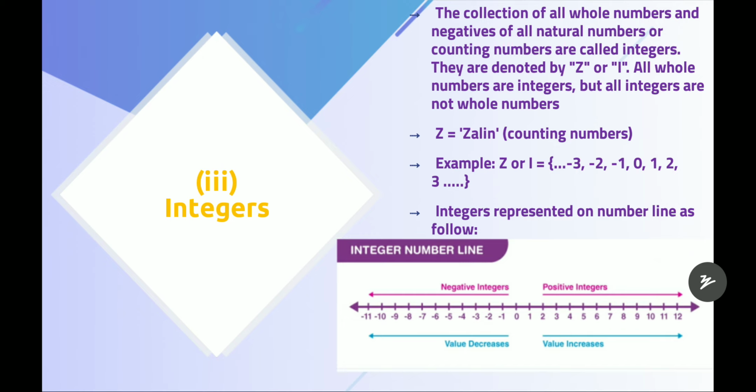But in the negative integers, if they ask whether -1 is greater or -2 is greater, we say -1 is greater, because here the value decreases. Meaning -100 is not greater than -99. Like that, the value decreases in negative integers, while the value increases in the positive integers. So this is all about integers.